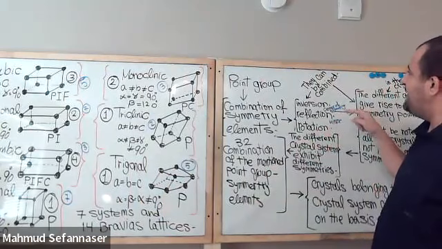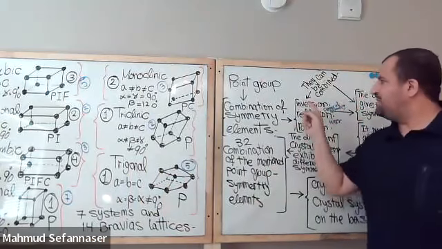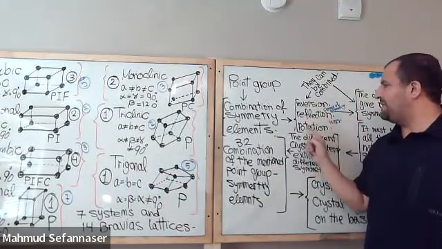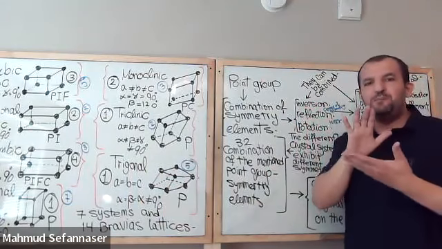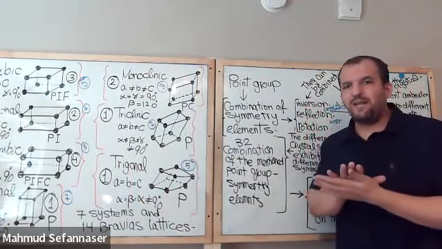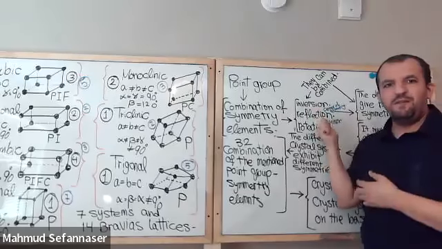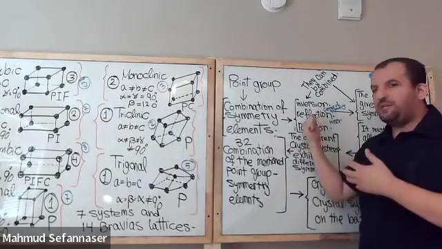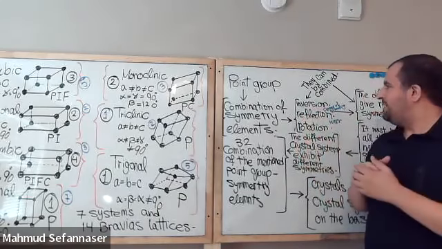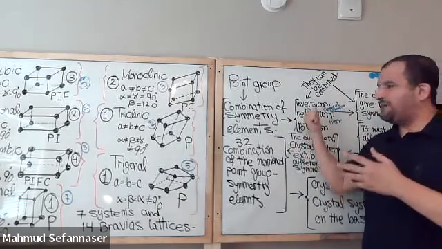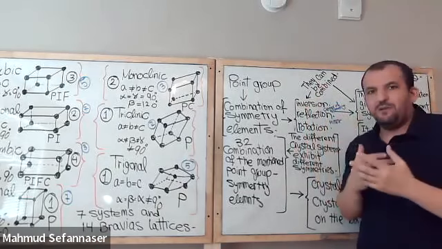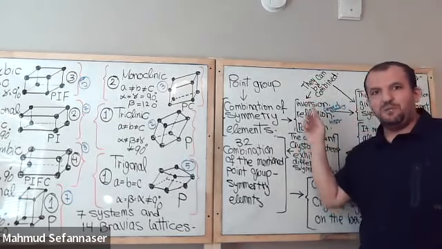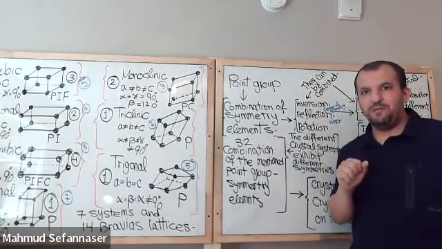But now, guys, we have inversion, reflection, and rotation. It is possible to have a combination between these symmetry elements. You can have rotation-reflection, maybe reflection-inversion, or inversion-rotation.